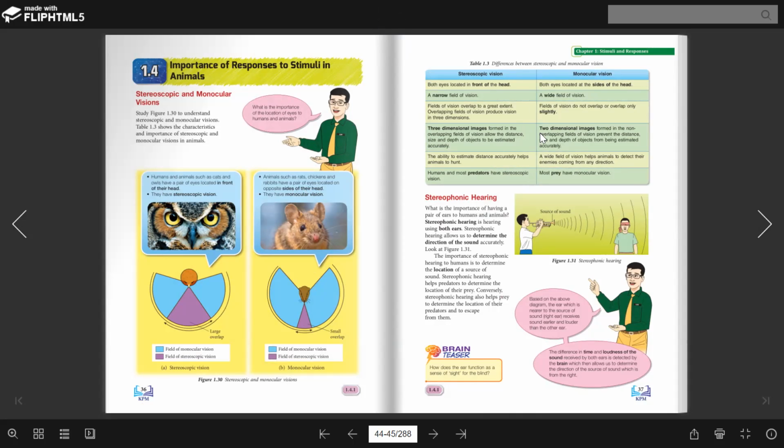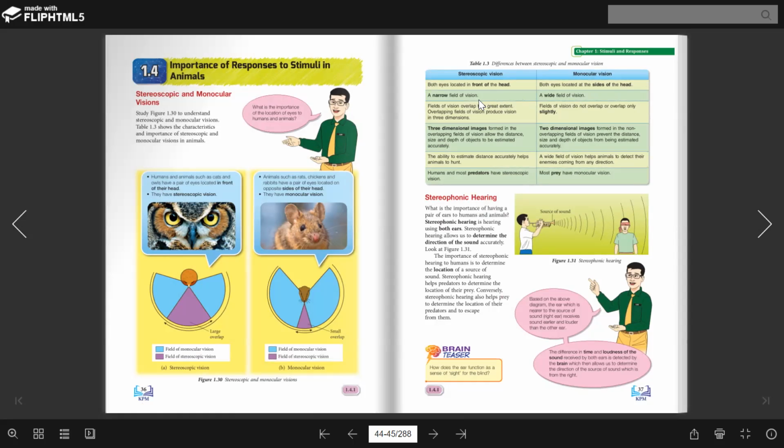Here they show you the difference between stereoscopic and monocular vision. For stereoscopic vision, the eyes are located in front of the head, while for monocular vision, both eyes are located at the side of the head, right and left.